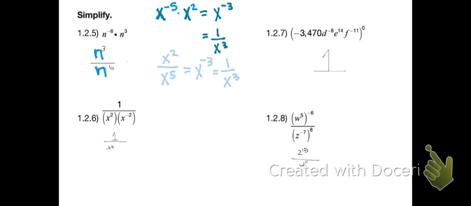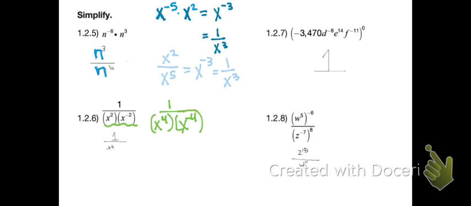For number 6, again, before I start moving anything around, what I'd recommend you do is simplify. So I would first multiply this together and see what I get. So if I had, for example, 1 over x to the 4th times x to the negative 4th, I would first multiply.